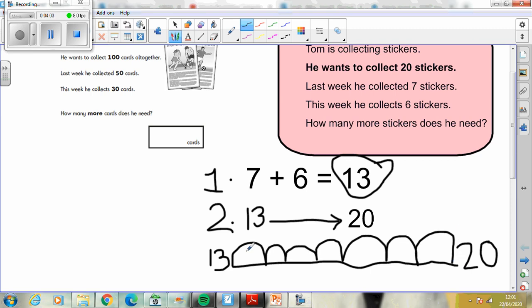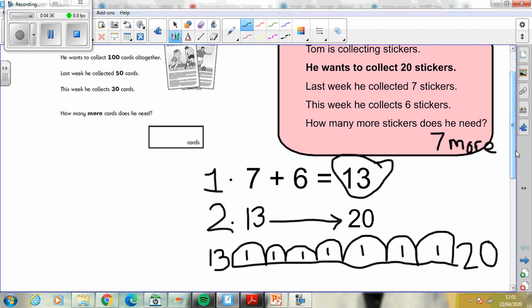And then we've got 1, 2, 3, 4, 5, 6, 7. So we know we've got 7 more from 13 up to 20. So we know that the answer is 7 more.